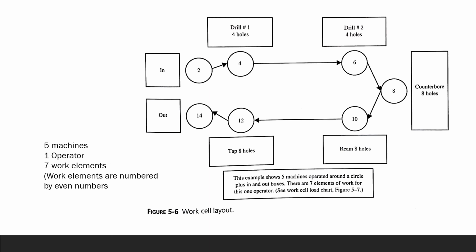So please note here all work elements are numbered by even numbers and in and out boxes. So here you can see 2, 4, 6, 8, 10, 12, 13. And they're all work elements, 7 of them. And these are my machines, okay? And here, this is just the in and out boxes.